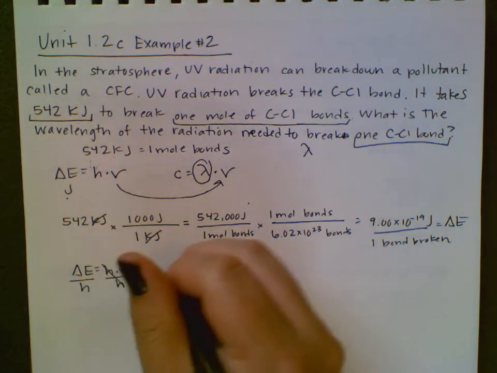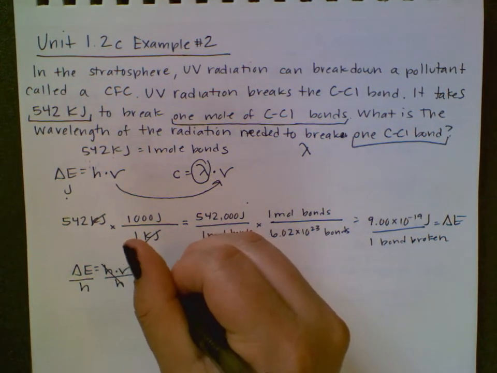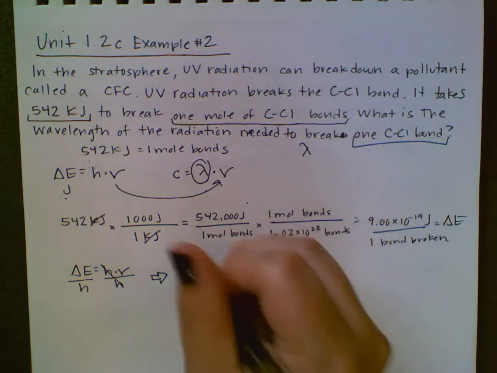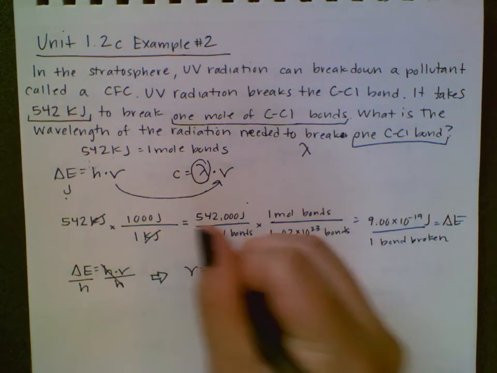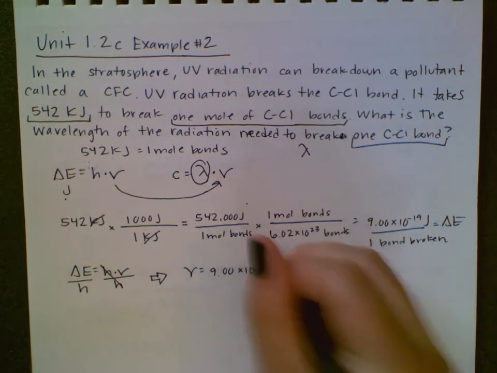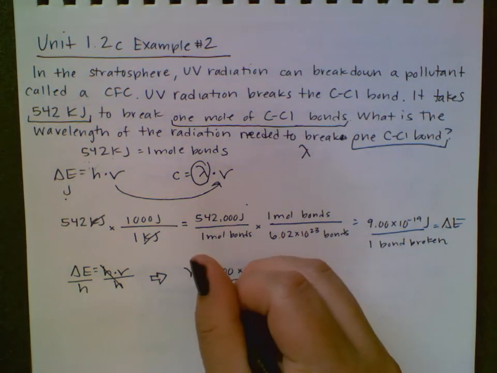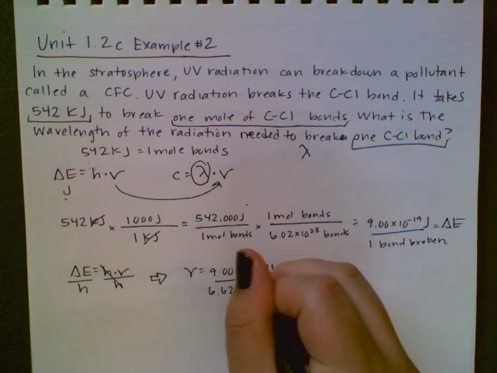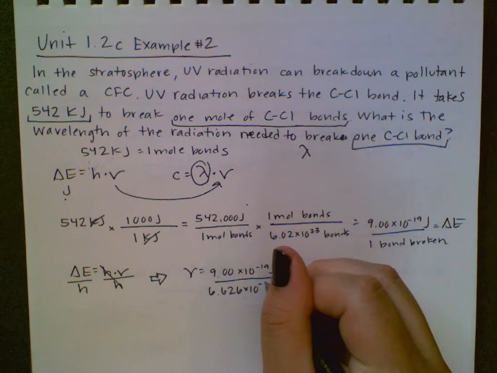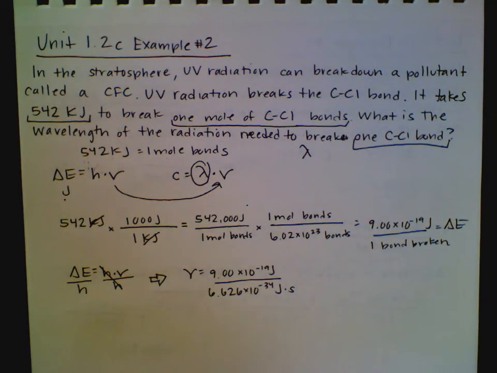So my frequency is going to be the energy, 9.00 times 10 to the negative 19th joules, divided by Planck's constant, which is 6.626 times 10 to the negative 34th joule seconds.